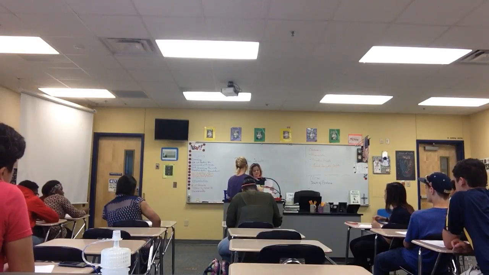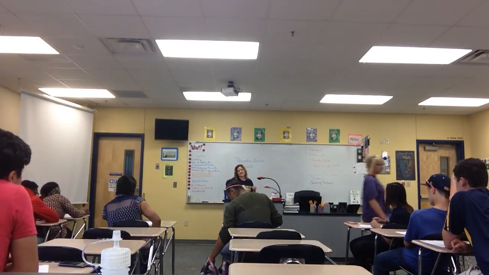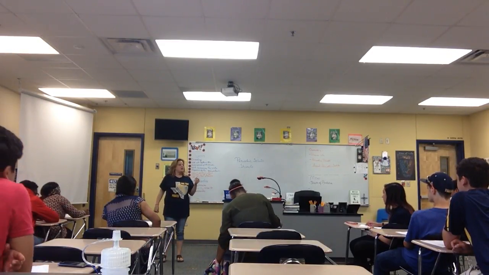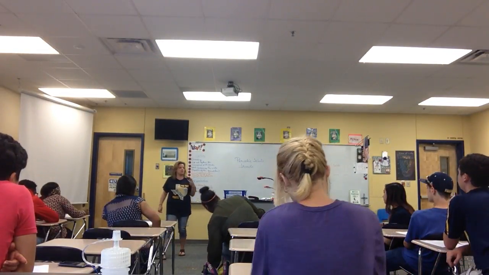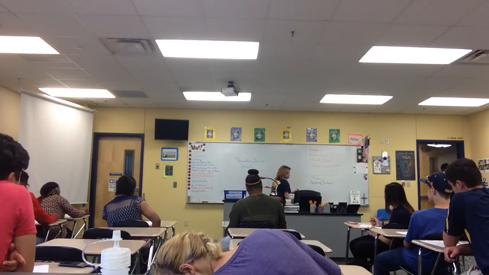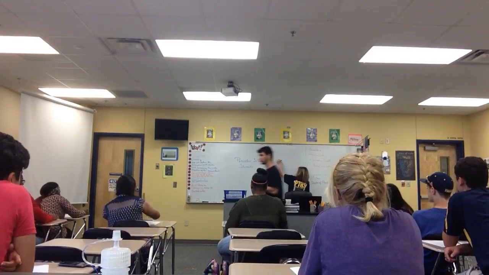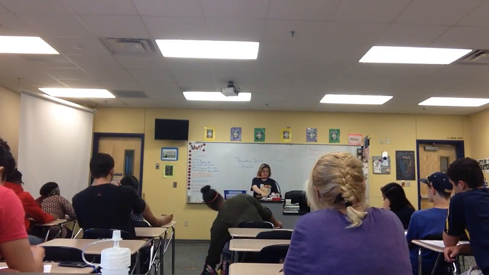I wanted to review the subatomic particles with you. Remember that when I say subatomic, that means smaller than the atom. So all of our subatomic particles are your protons, your neutrons, and your electrons. So at the top of your notes, what I have is a proton, and what is the charge on a proton? Positive.